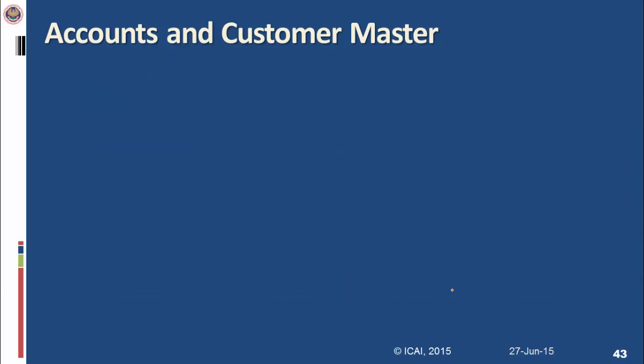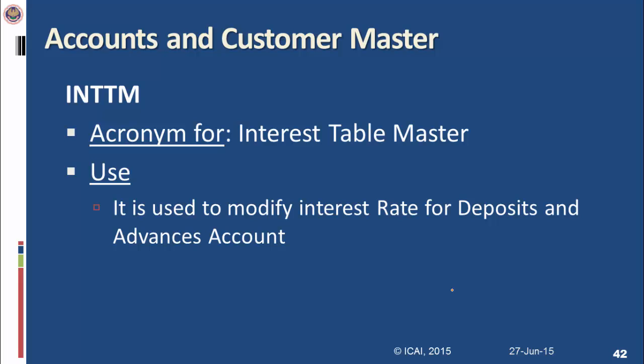Then comes INTTM. Now this command is an excellent command. It gives us the history of the interest table master, that is, the changes in interest tables. Why it is important to verify this is that we want to ensure that the interest rate is properly charged, or if corrections have been made to the interest rate, whether they were made from the correct date with the correct percentage or not, right?